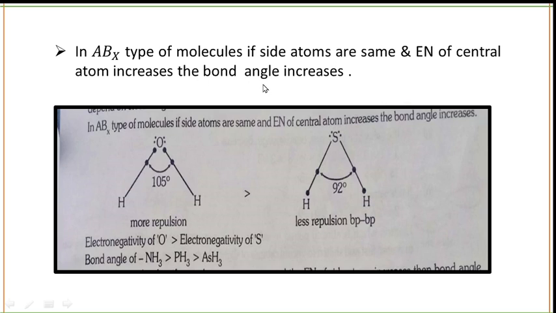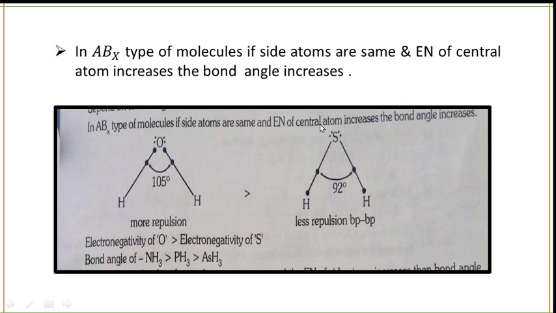Then the bond angle will increase if the electronegativity of the central atom increases. Now, as you know, the electronegativity of oxygen is more than sulfur. If the electronegativity of oxygen is greater than sulfur and the side atoms are the same, then electronegativity is directly proportional to the bond angle.